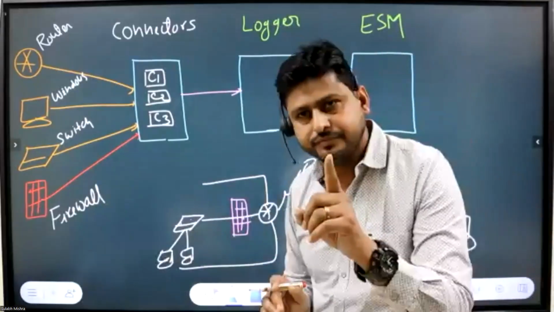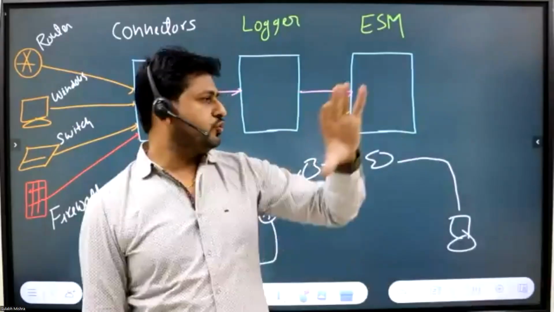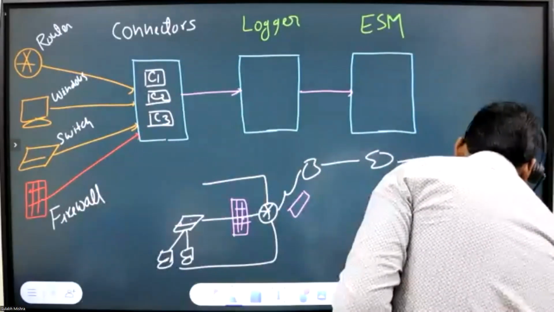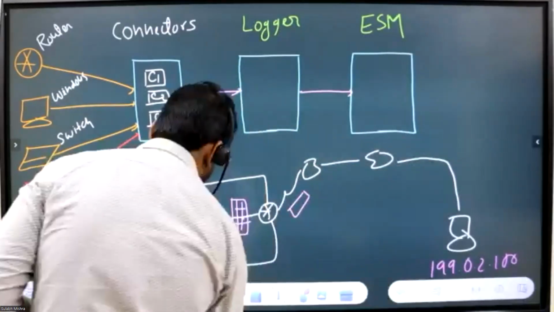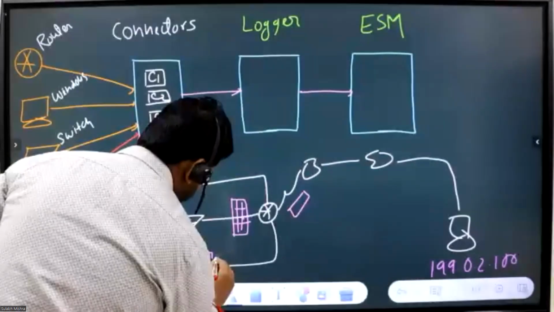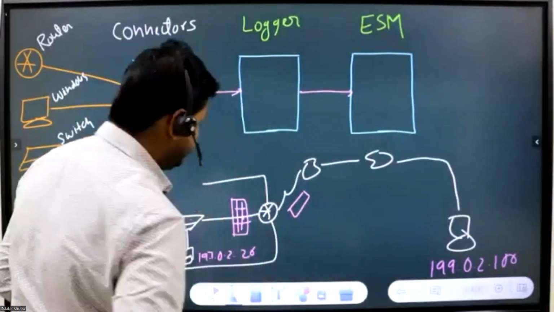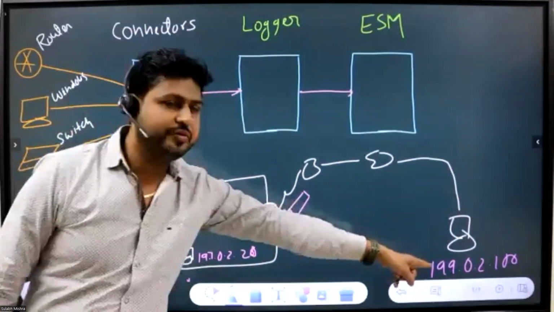If you open the router logs, you can see the source IP, for example 199.0.2.100, and the destination address, for example 197.0.2.20. The connection is coming from here to here.